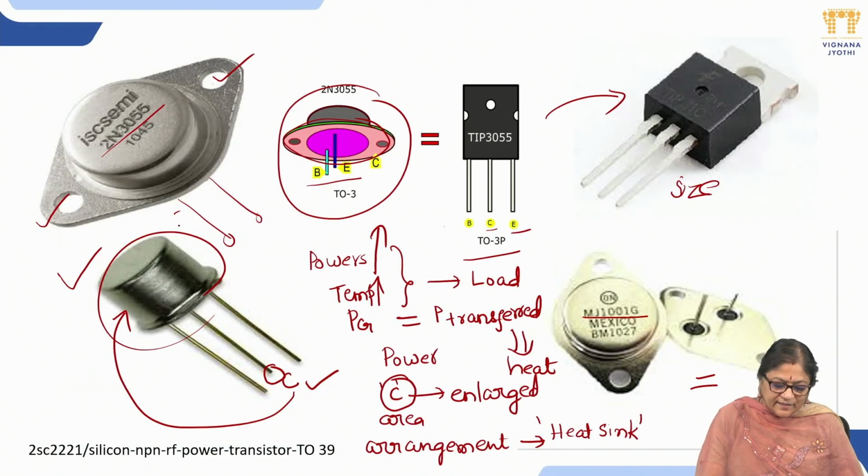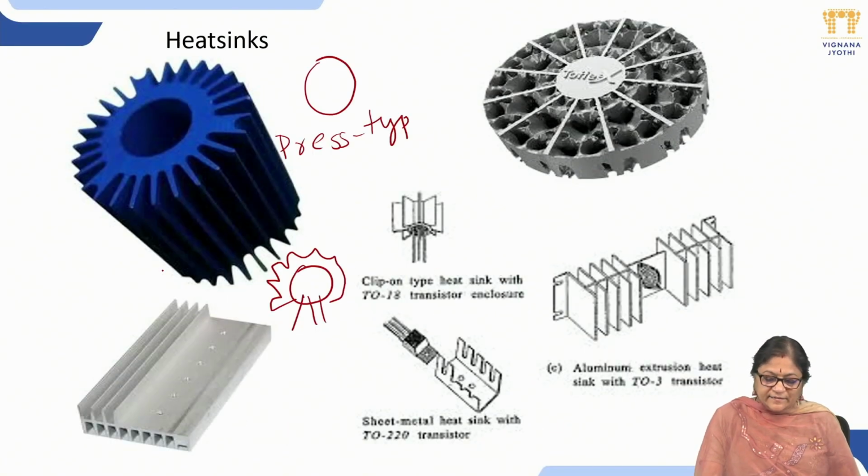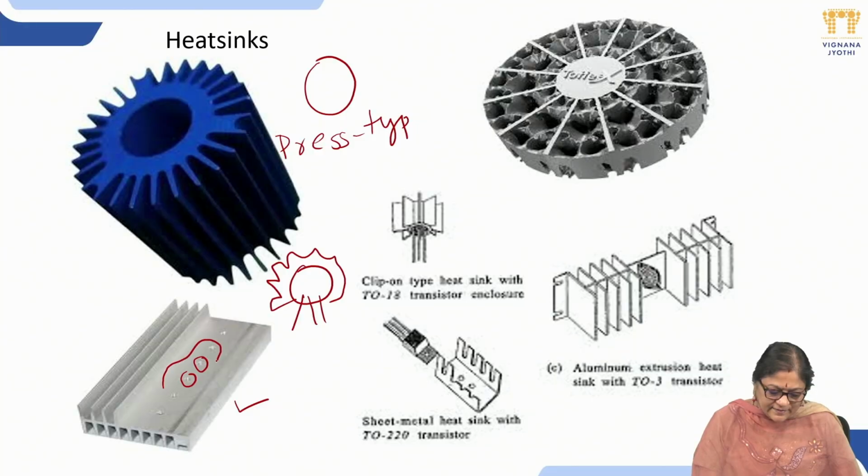Then we require a heat sink on it. So we have to press this kind of heat sink from the top of your transistor body. Then this is the heat sink in another direction, where you can see the holes. Here we keep our transistor through some 2 holes, and these are the 2 pins.